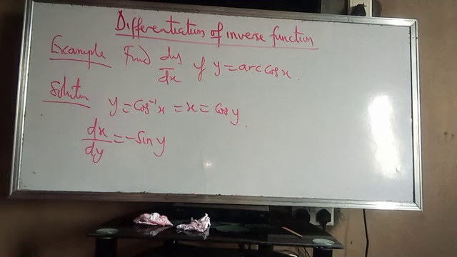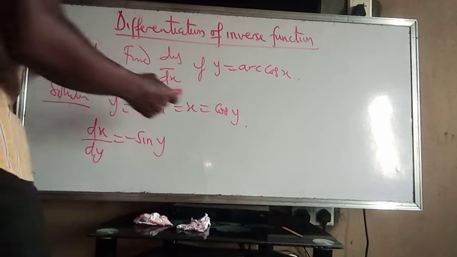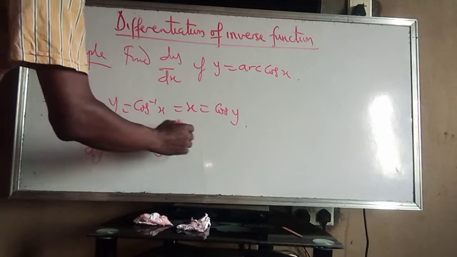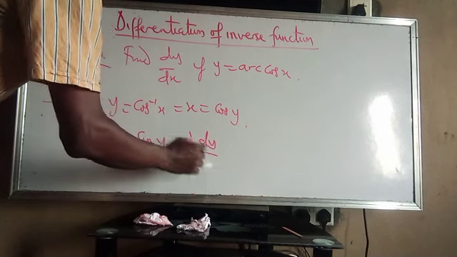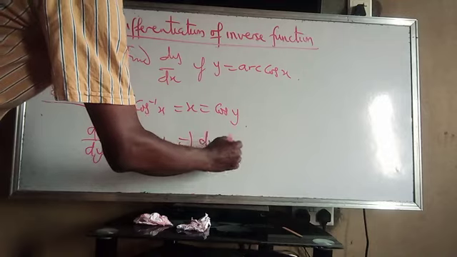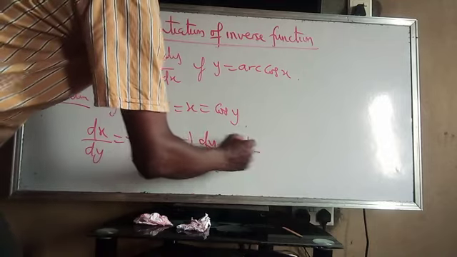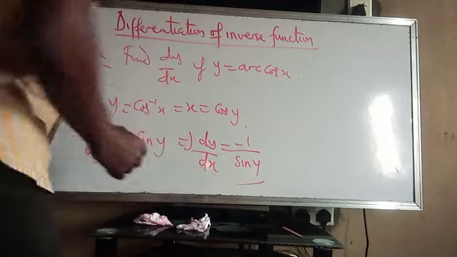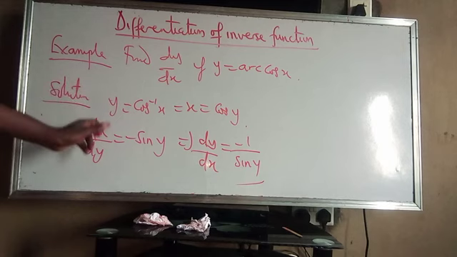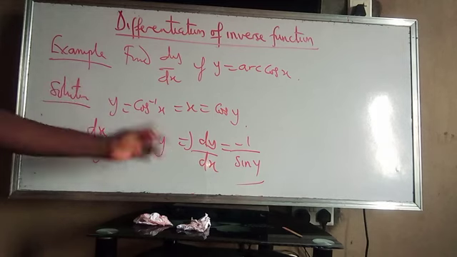You can differentiate that directly, okay? All right? Now, which means that dy dx will be equal to minus 1 over sine y. If you find the inverse of this, 1 over this will be dy dx.